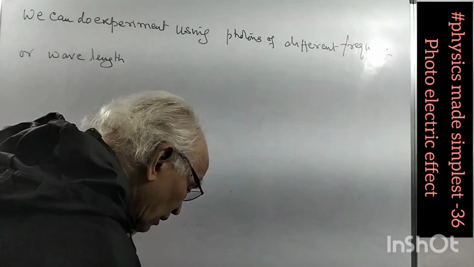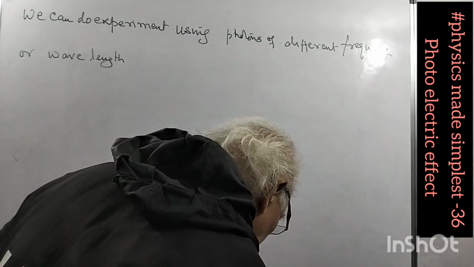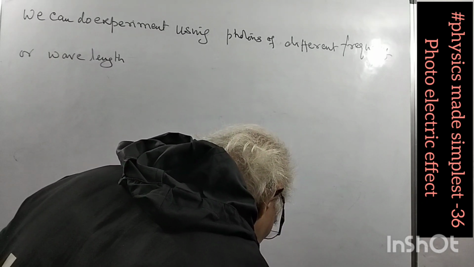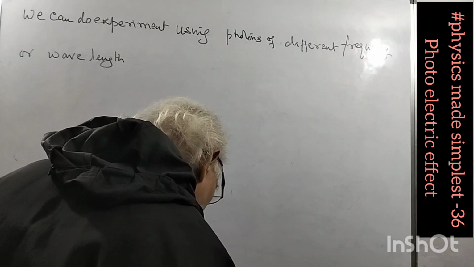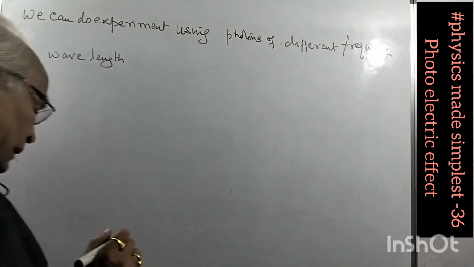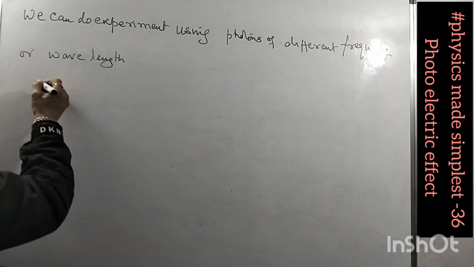Different frequency, or what you call the photoelectric current. One experiment can be done on the intensity.